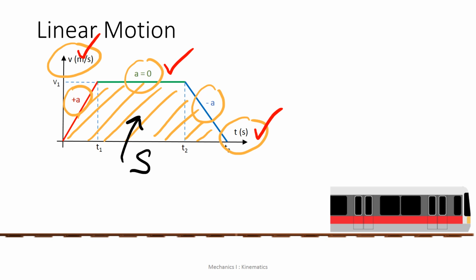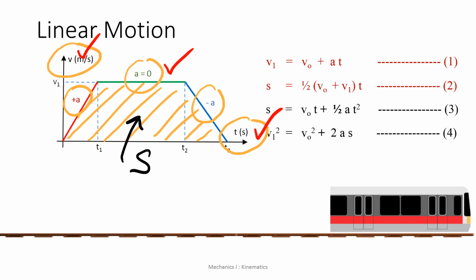After learning about the VT graph, you were introduced to the 4 kinematics formulas, of which the first 2 formulas form the basis for the derivation of the third and the fourth formula as illustrated during the lecture. Please do note, these kinematics formulas are applied in stages.